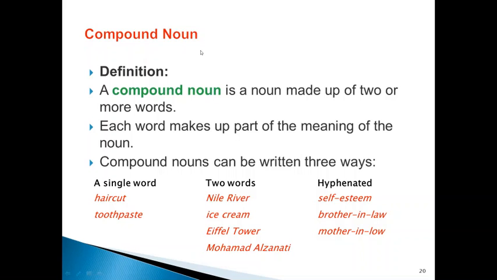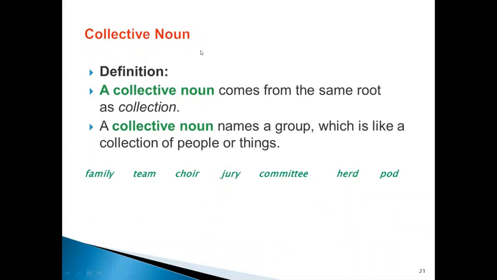The last or the final type of noun is known as the collective noun. We can define a collective noun. This is the definition, and it's very important to keep the definitions in your mind. They are written in green.